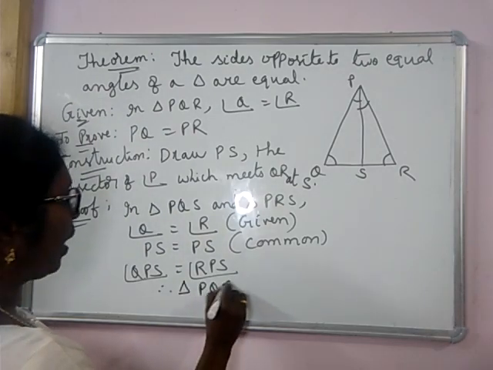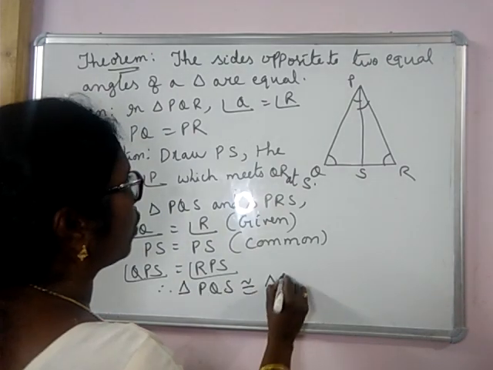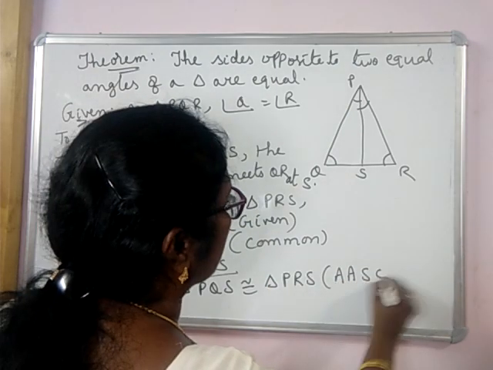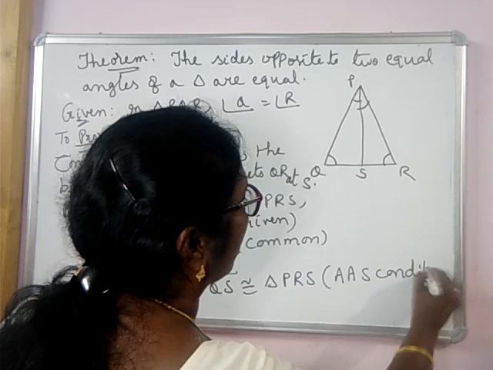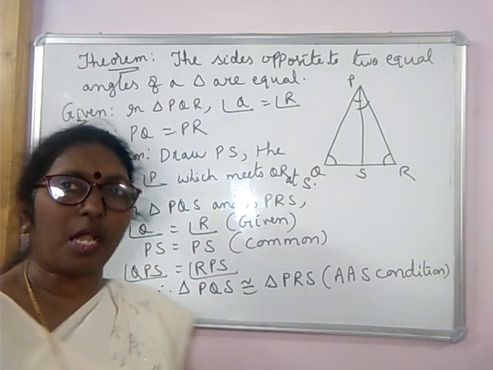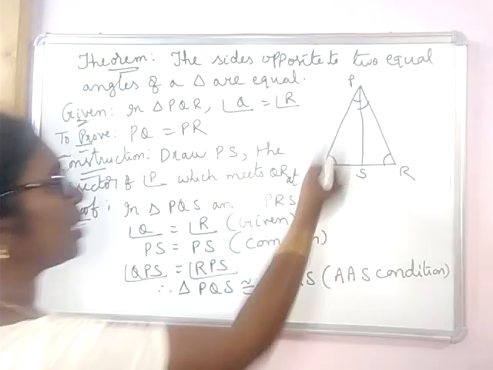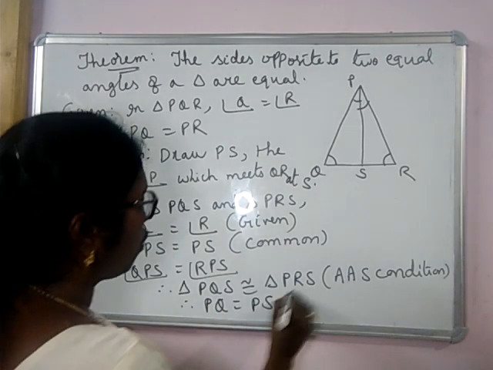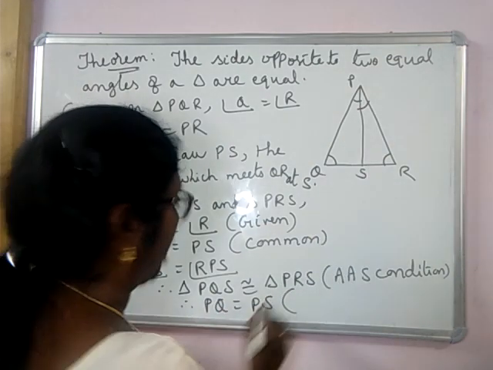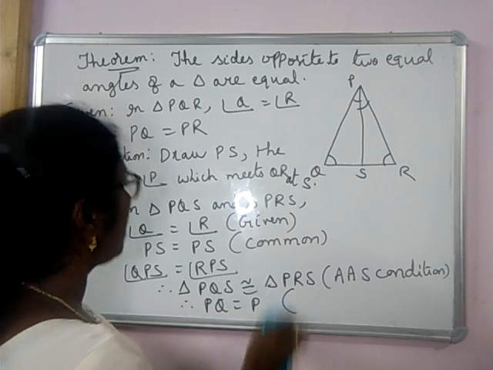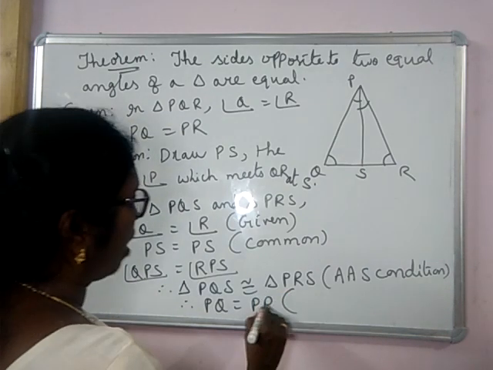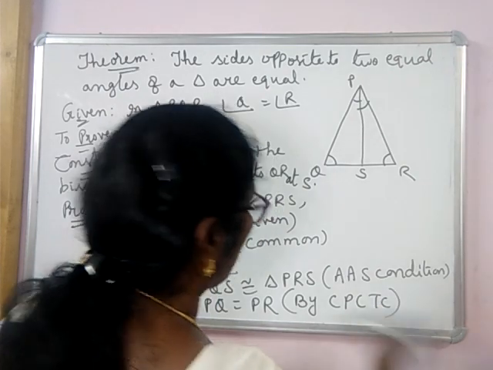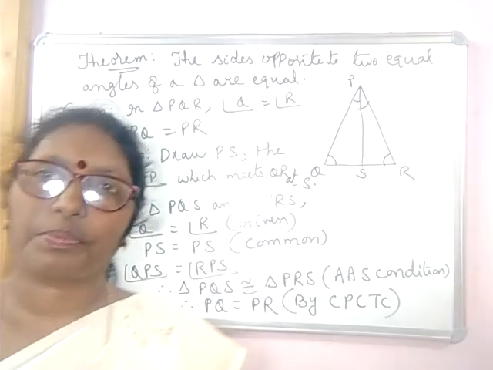Therefore, triangle PQS is congruent to triangle PRS under AAS condition. Once these two triangles are congruent, by CPCTC, PQ equals PR. PQ is equal to PR by CPCTC. That is what we had to prove. Theorem is proved.